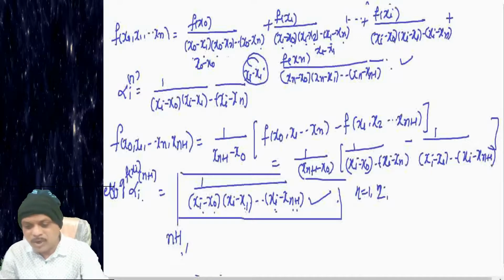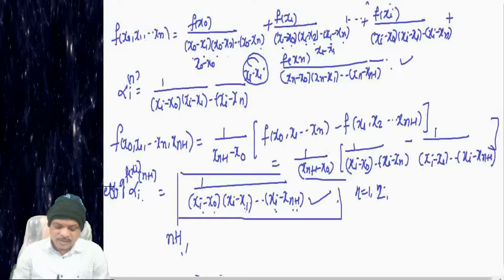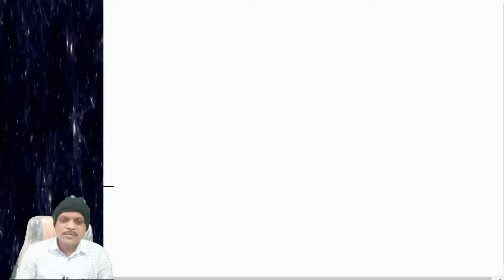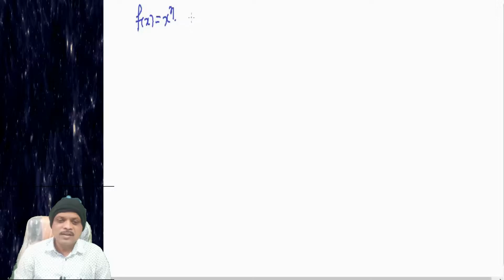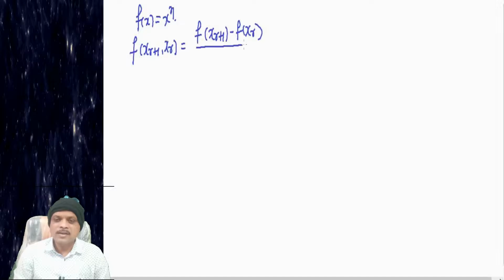If we see the polynomial of nth degree, suppose f of x equals x raised to n, and in this polynomial we consider the divided difference f of x r plus 1 comma x r, then by definition this will be f of x r plus 1 minus f of x r divided by x r plus 1 minus x r, equal to x r plus 1 raised to n minus x r raised to n divided by x r plus 1 minus x r.